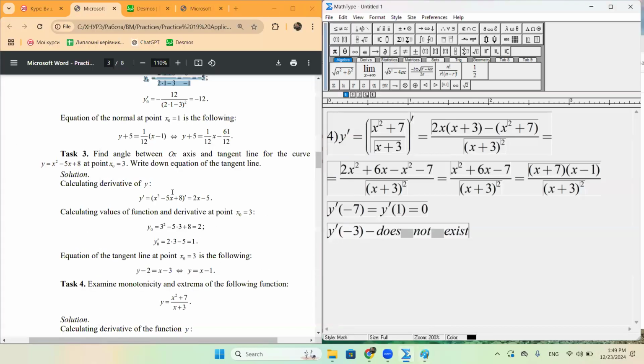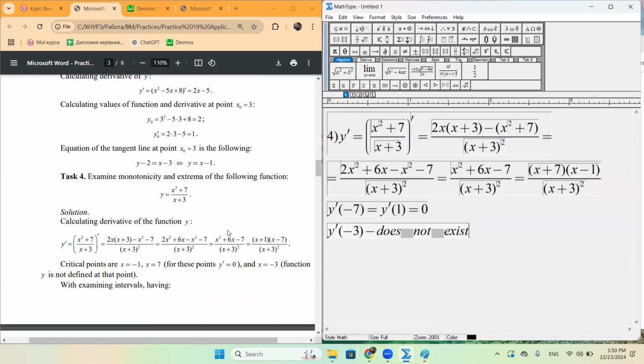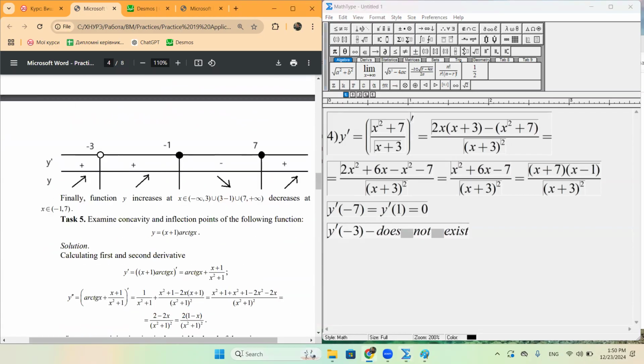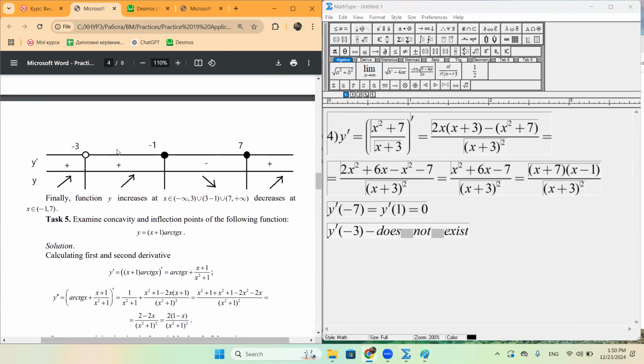How you have to write the final answer. By the way, critical points. And here is maybe a more convenient table. And how the answer must be written: just showing these intervals.